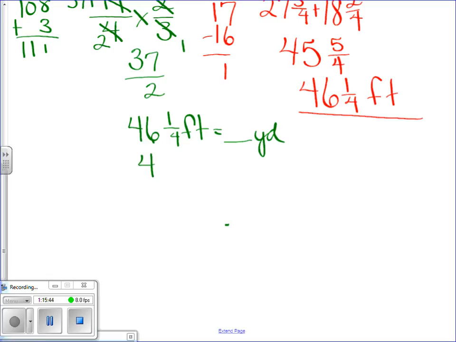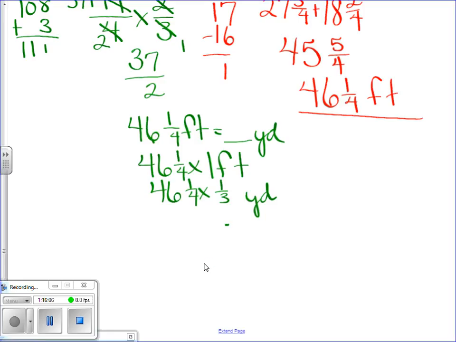So 46 and 1/4 times 1 foot in relation to a yard. Isn't that 12? No. 1/3. 3 feet make 1 yard.